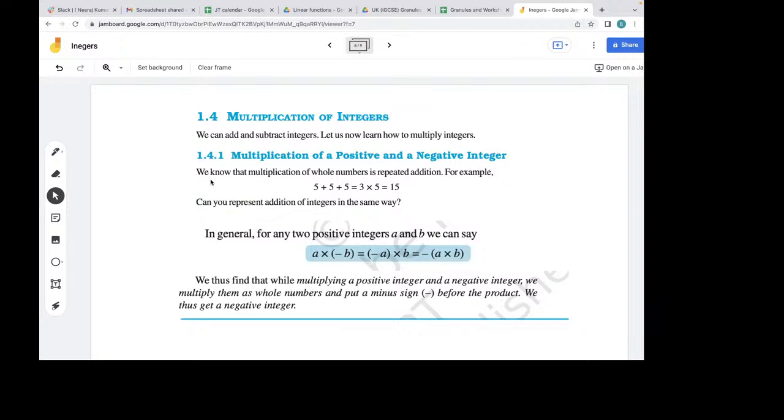Okay, so we know that multiplication of whole numbers is repeated addition. If you have to do 5 times 3, you have to add 5 three times. That is how you get 15. Now can you represent multiplication of integers in the same way?